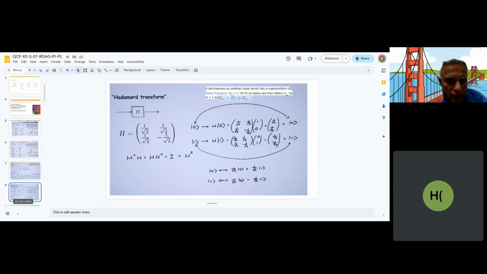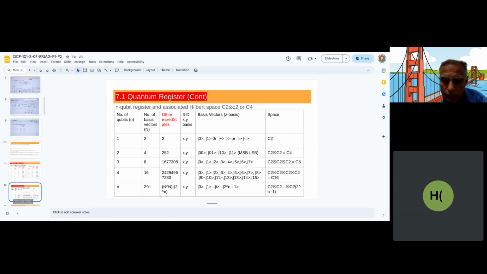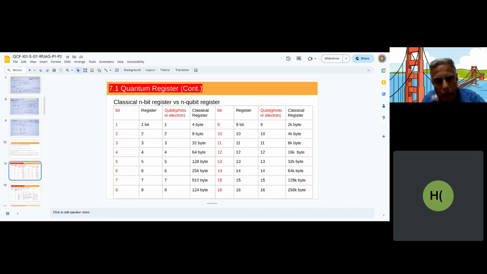Prior to that, I'll get to the quantum register, where we had pointed out something on the qubits, and the qubits were represented by electrons. I am also adding photons to it. So the spin up, spin down corresponds to classical bits, bit to qubit.